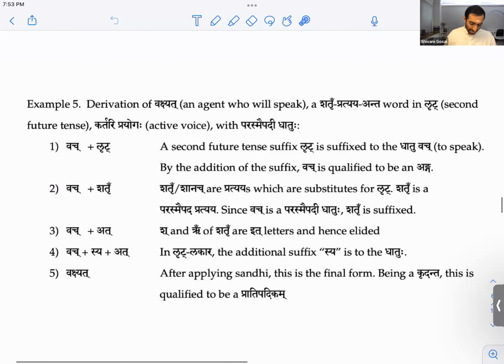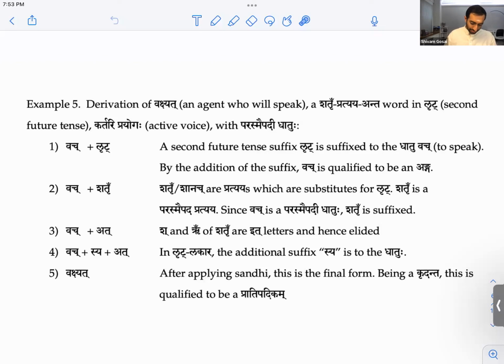This one is actually Shatru. I don't think we need to review this, but this is a Shatra ending word in Lrt Lakara. Just as a review though, since Vach is Parasmaipadi, 1P, Shatru is going to replace Lrt instead of Śānac.